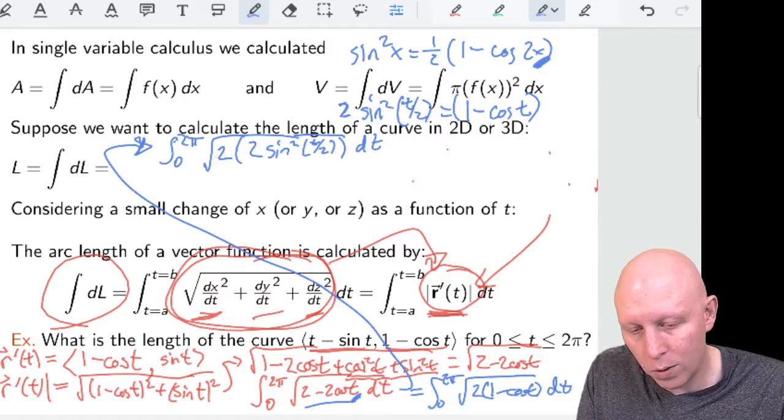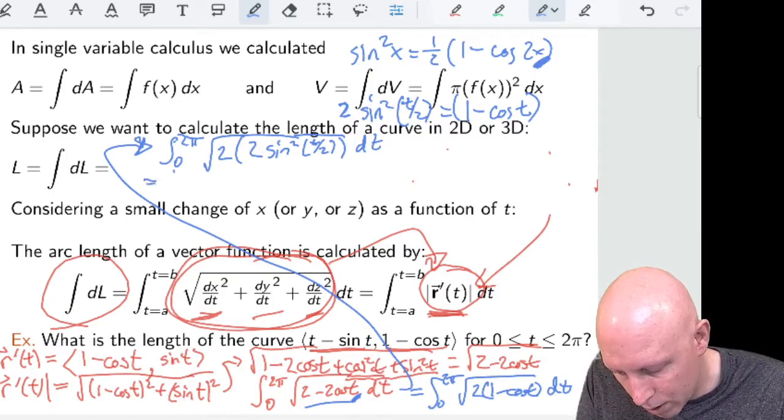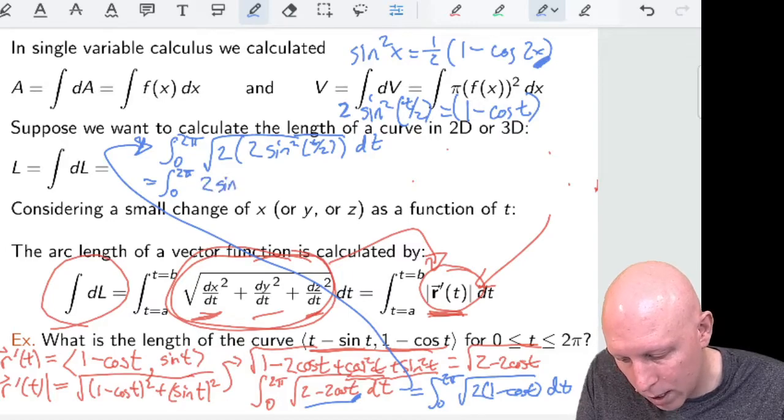And so we have the square root of 4 sine squared. So this is equal to the integral from 0 to 2 pi of 2 sine of t over 2 dt.